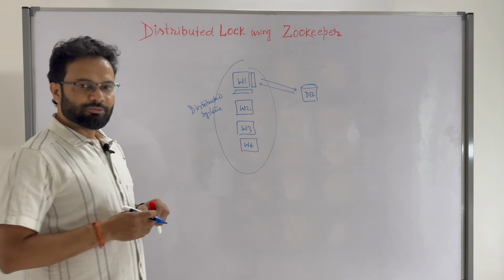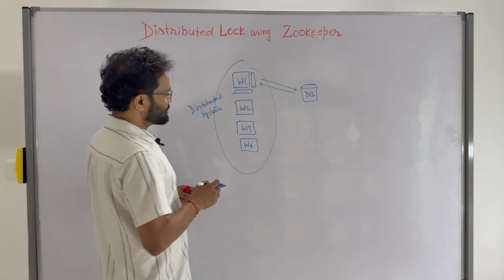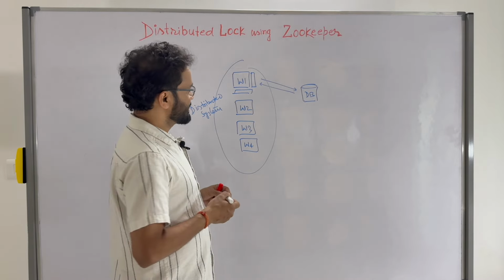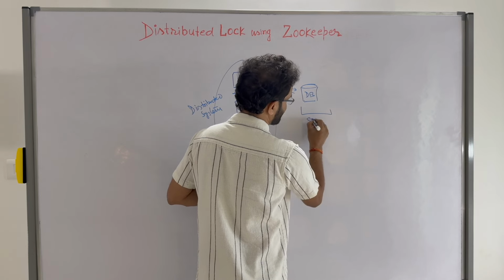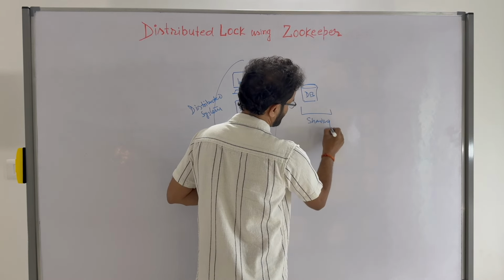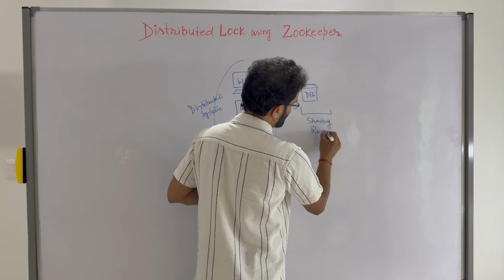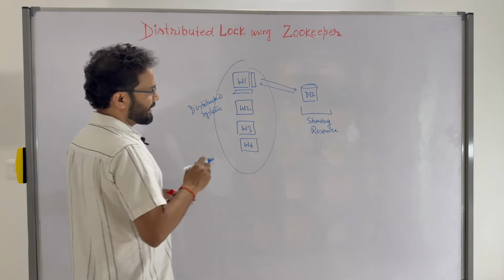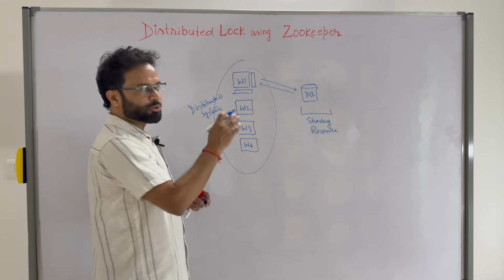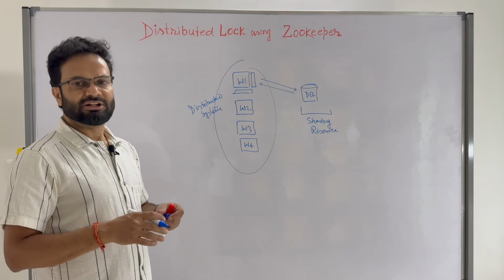But now problems arise here. Suppose as per your use case, this is a shared resource, meaning one resource is being shared by multiple nodes. But at that time, only one node should update the database. This is your requirement.